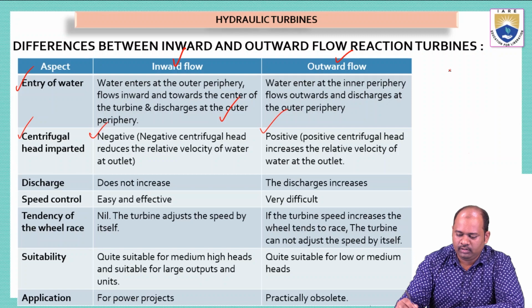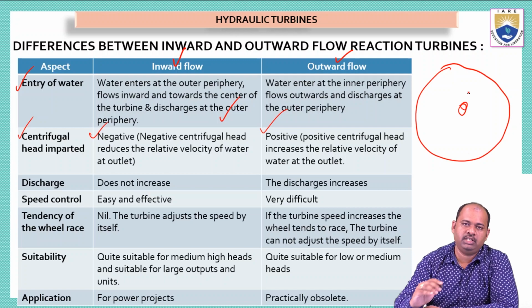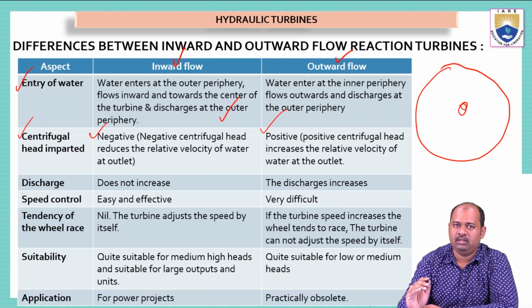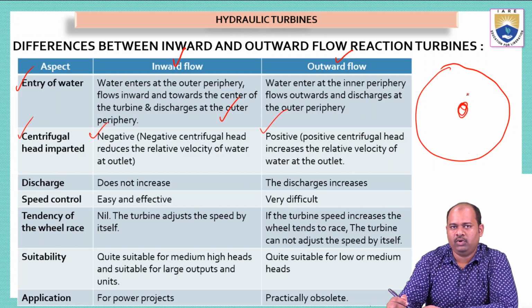Suppose I have a metal disc rotating in a clockwise or anti-clockwise direction. If I keep a water droplet at the center, its velocity is very low, because the center of gravity stays at the center where the water is placed.